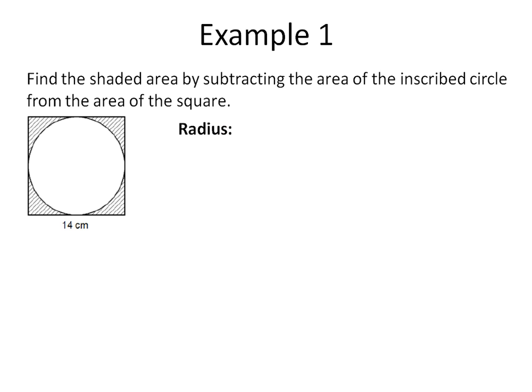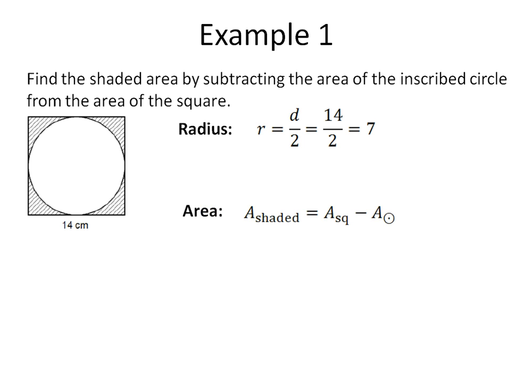We need to find the radius of the circle, however, because the diameter of the circle is going to be equal to the length of the side of the square, which is 14 centimeters. So the radius is simply going to be the diameter, which is 14, divided by 2, gives us 7 centimeters for the radius. So this allows us to set up what we're looking for.